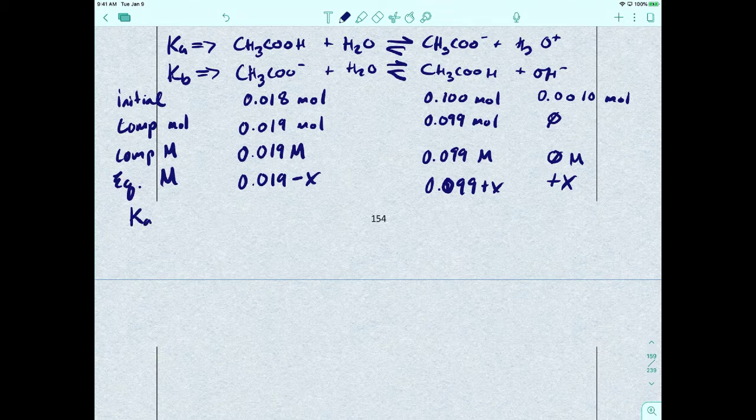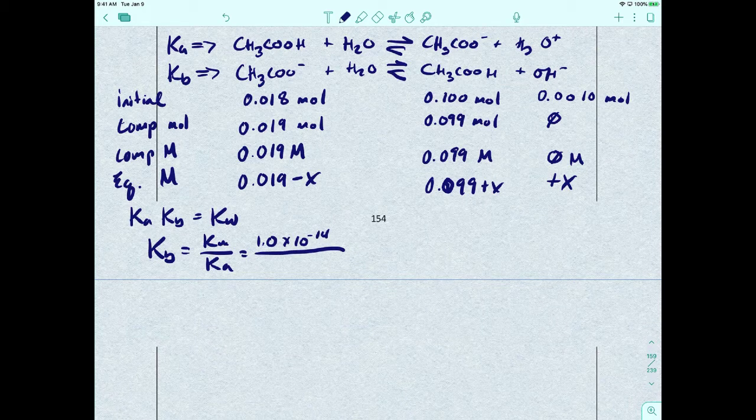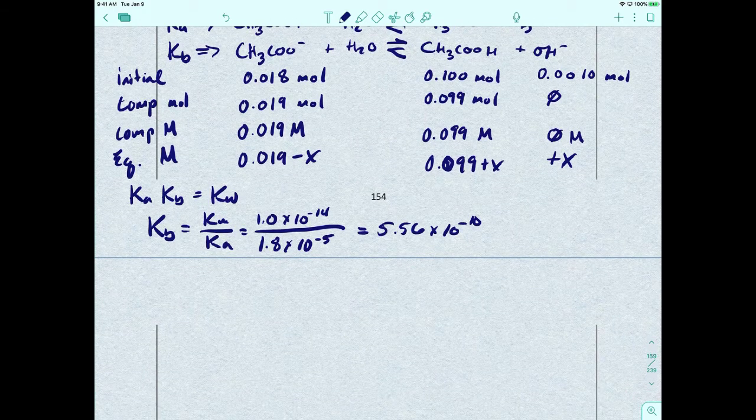Remember that Ka times Kb is equal to Kw. So Kb would be equal to Kw divided by Ka, or 1.0 times 10 to the minus 14th divided by the Ka value, which was 1.8 times 10 to the minus 5th. And so that comes out to be 5.56 times 10 to the minus 10th. So we have our Kb value.